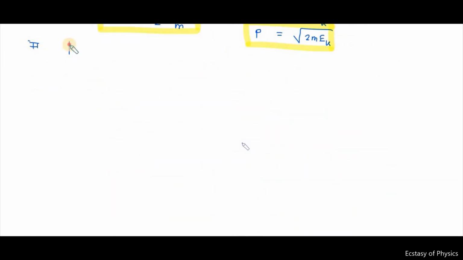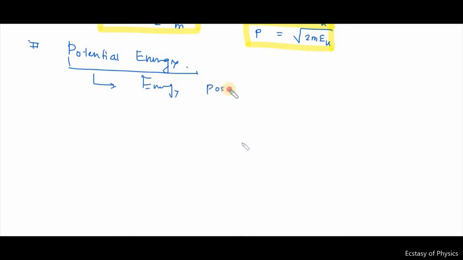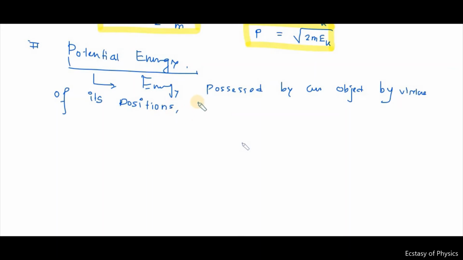Next we will be talking about the potential energy. The potential energy can be represented for an object due to its shape, size or configuration, which means we can define it as the energy possessed by an object by virtue of its position, shape or configuration.